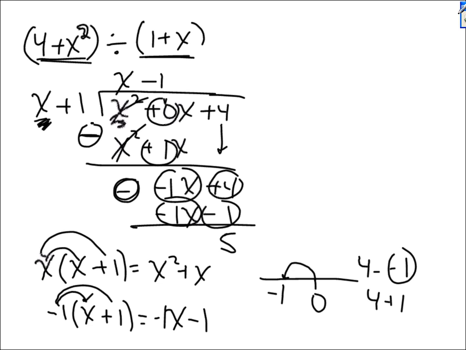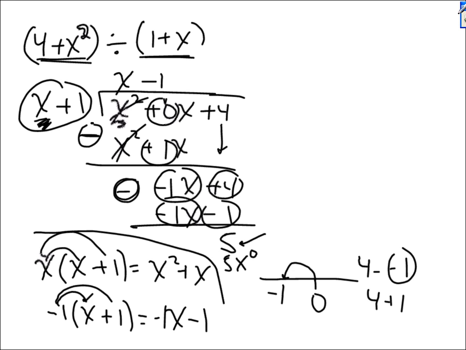Now, we didn't talk about this yet, but once the degree of the remainder, remember, 5 is 5x to the 0, the degree of 5 is 0, the degree of this is 1, once the remainder has a smaller degree than what you're dividing by, you stop.